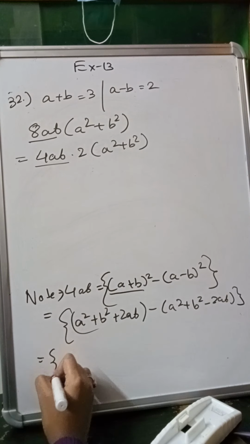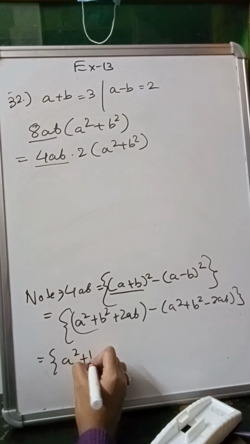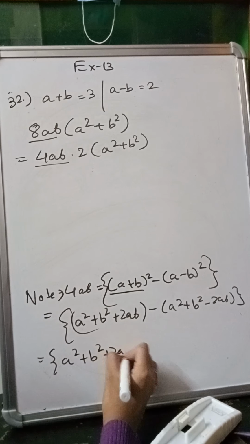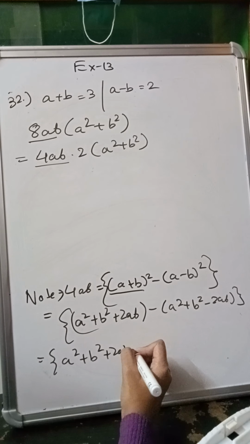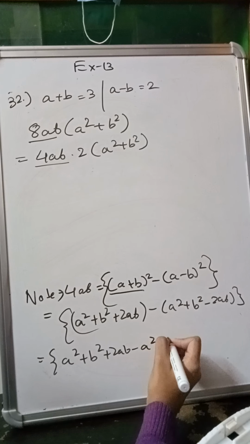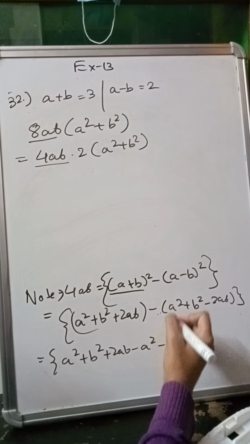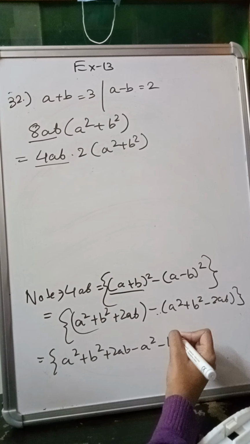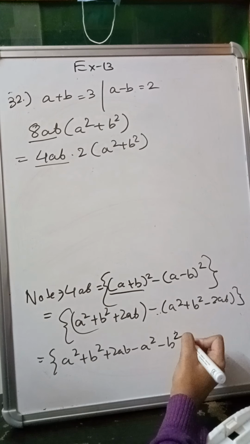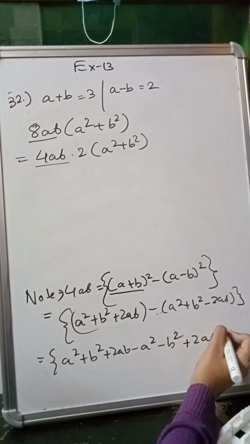So just open the brackets, a square plus b square plus 2ab. First bracket we are opening, a minus a square. Minus into a square is minus a square, minus into b square is minus b square, minus into minus is plus, so plus 2ab.